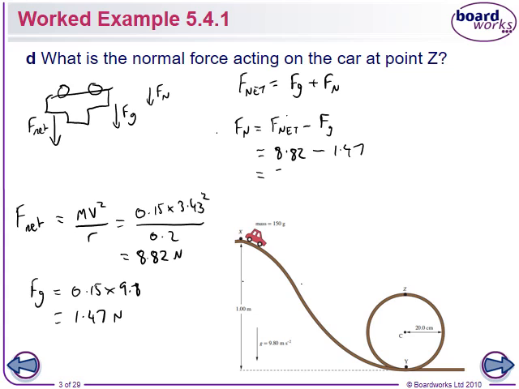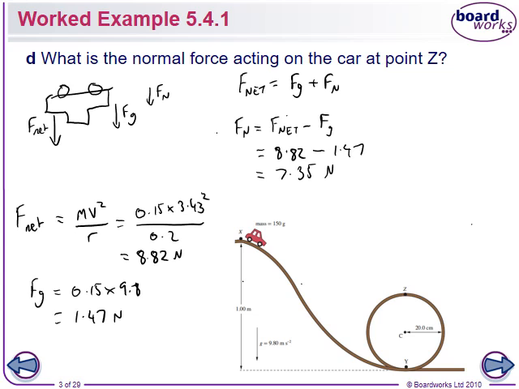And so we get 7.43. Oh, sorry, 7.35. So again, our normal force is less than it would normally be, and so you'll feel lighter at the top.